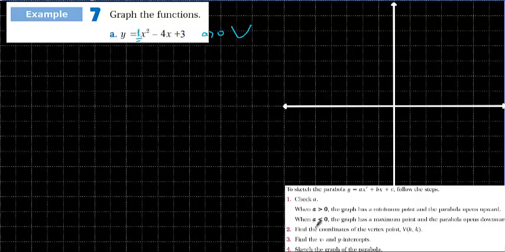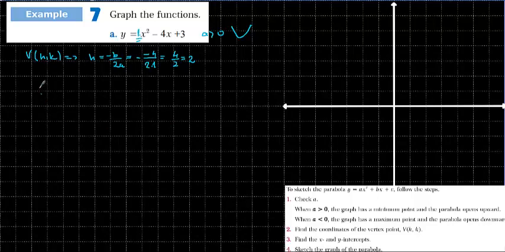Then, in the second part, it says to find the vertex point. The vertex point is (h, k), where h is equal to minus b over 2a. Here it is minus minus 4 over 2 times 1, which is equal to 4 over 2, and that's equal to 2.